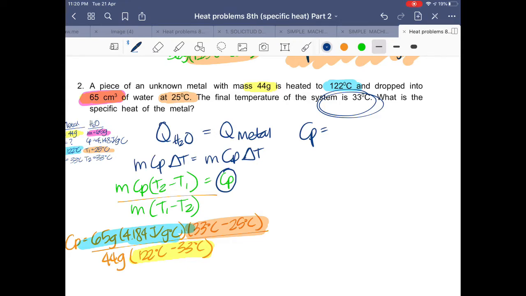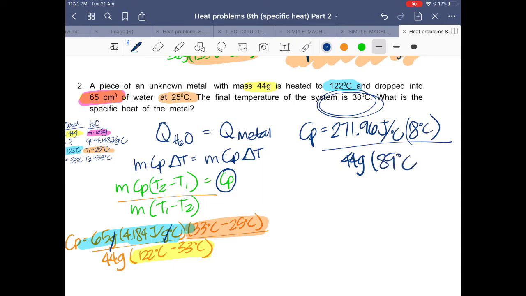65 times 4.184 is 271.96. We cancel grams with grams, so we have joules over degrees Celsius times 33 minus 25, which is 8 degrees Celsius, divided by 44 grams times 122 minus 33, 89 degrees Celsius.